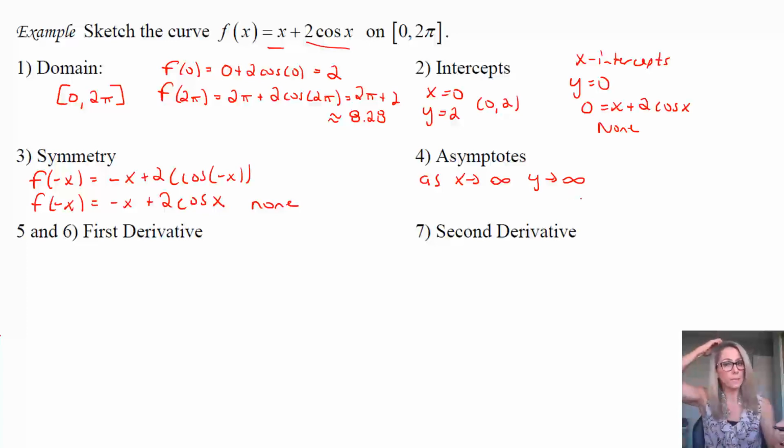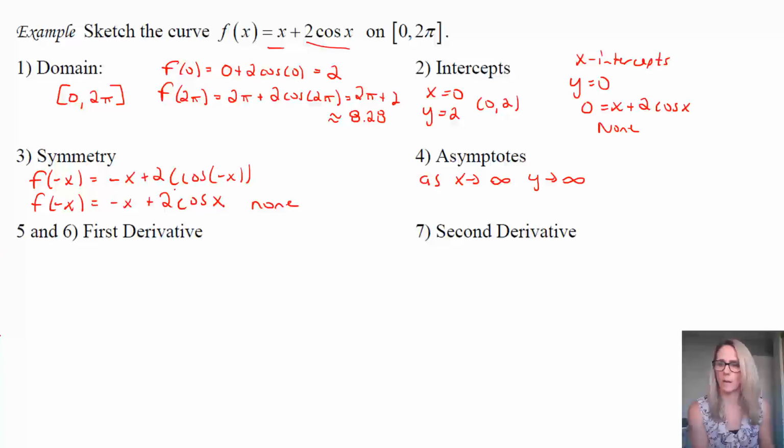That 2 cosine x piece is going to oscillate, since cosine x oscillates between -1 and 1. Multiplying it by 2 means that piece is going to oscillate between -2 and 2. But when we add x, as x gets bigger, it's just going to keep getting bigger. So over time, y is going to get bigger as well. We're still only going from 0 to 2 pi, so we're not going to have to go that far.